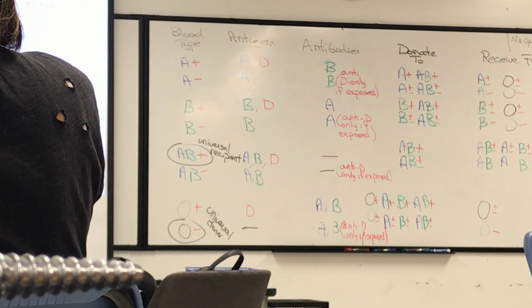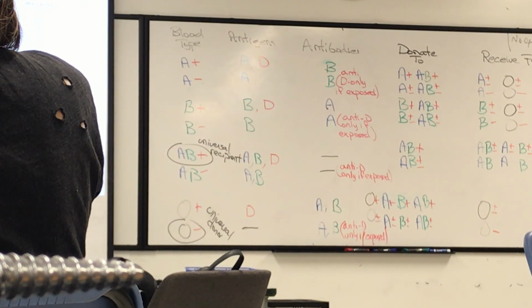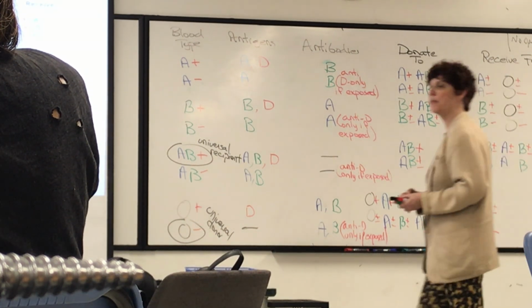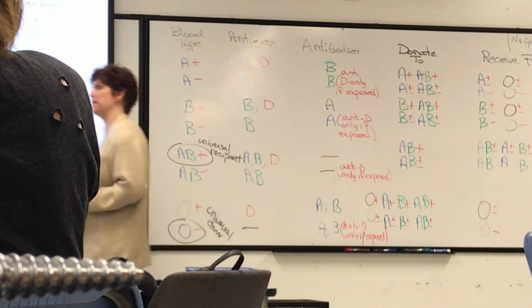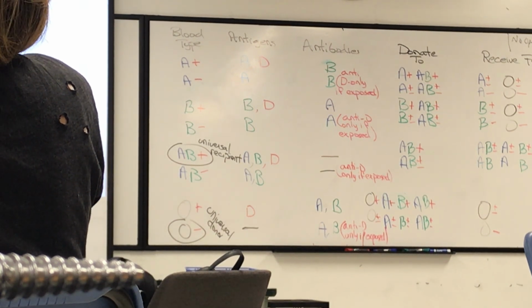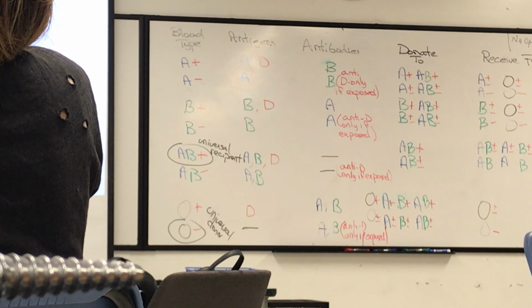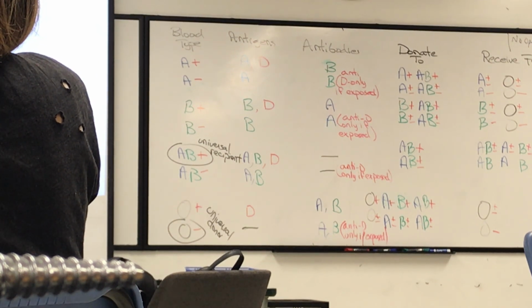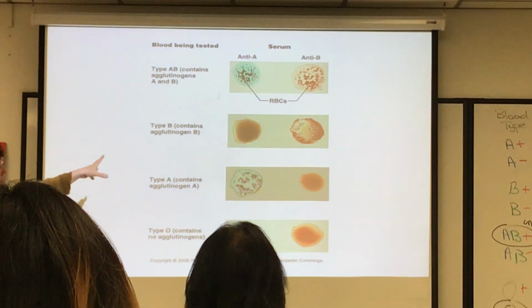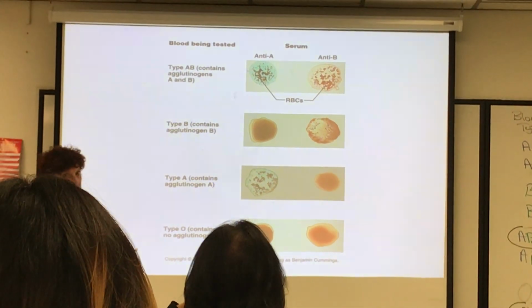Does anybody know what type of cross-match means? We're going to be doing the typing part in lab today, all right? So this doesn't have the D antigen on it, but antibodies against A or B were added to 2 samples of the same blood.